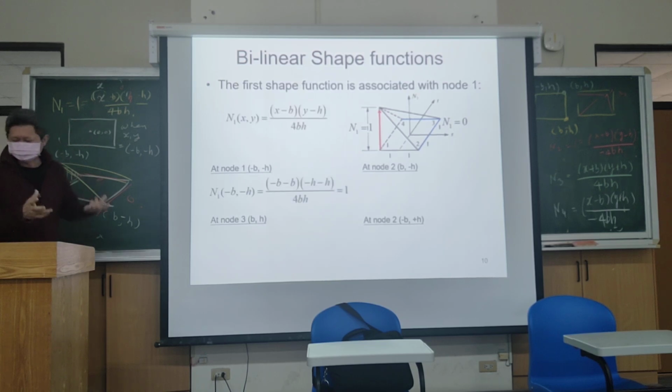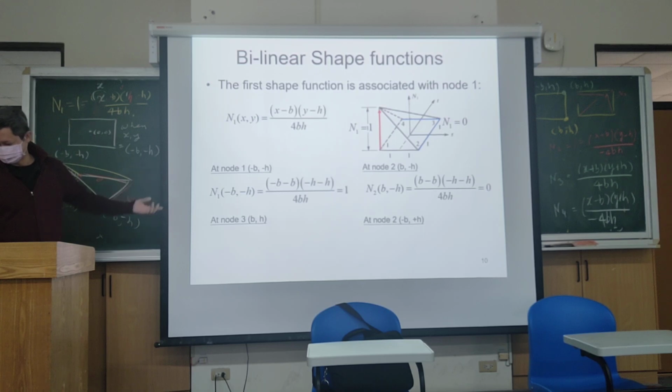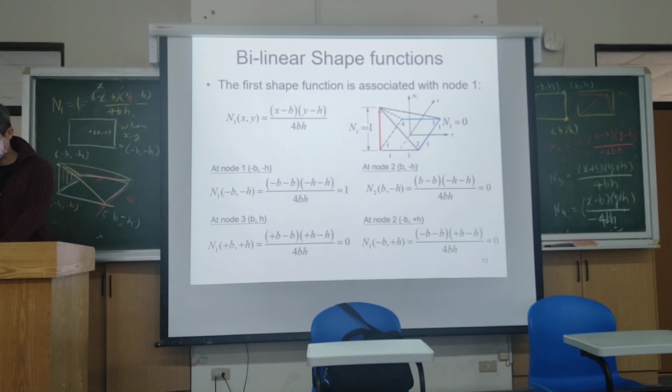So this is what you call the bilinear shape function. Okay? So at node 1, N1 is 1, but at node 2, N1 is 0. So this is a typo here.